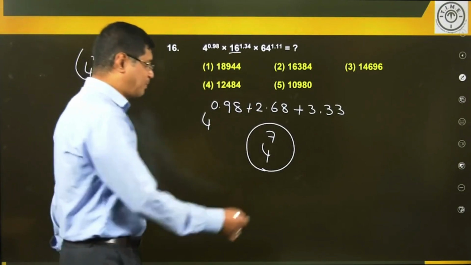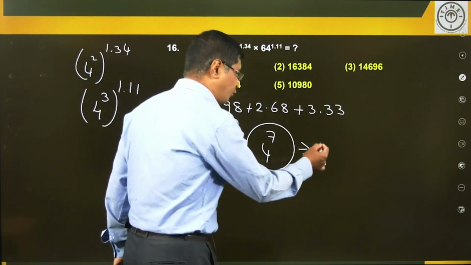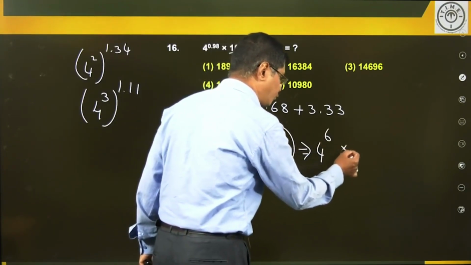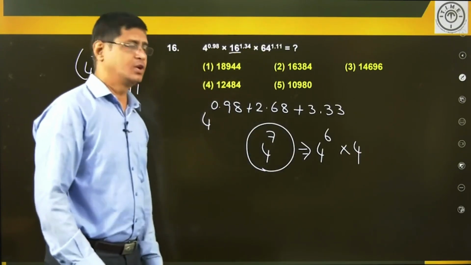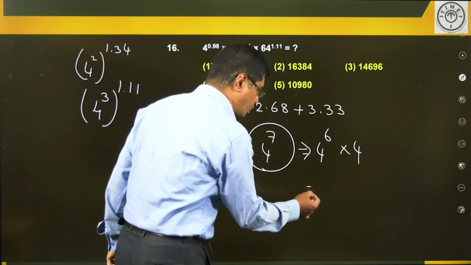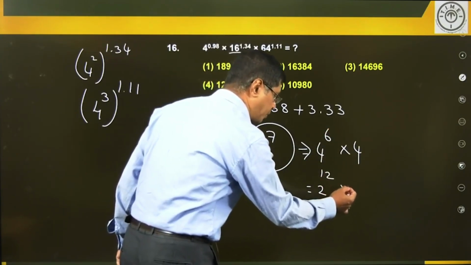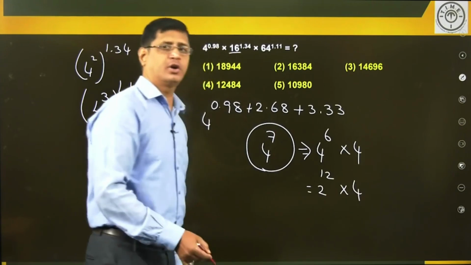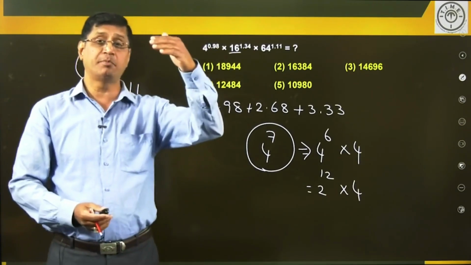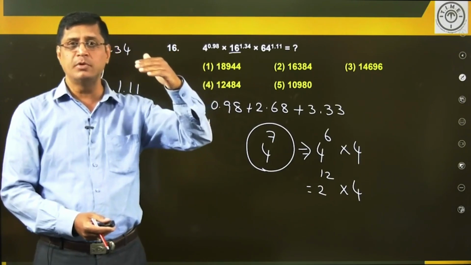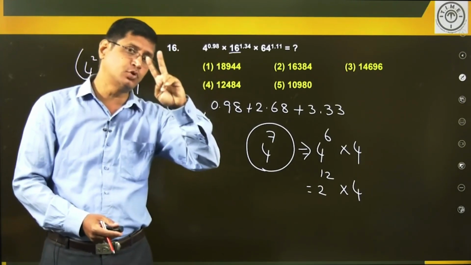Okay. 4 power 7 means, now look at this one. 4 power 6 into 4. Am I right or not? What do you mean by 4 power 6? 4 means 2 square. 2 square whole power 6 means 2 power 12. 2 power 4, 12 into 4. Dear students, you are supposed to memorize the successive powers of 2 up to 12.